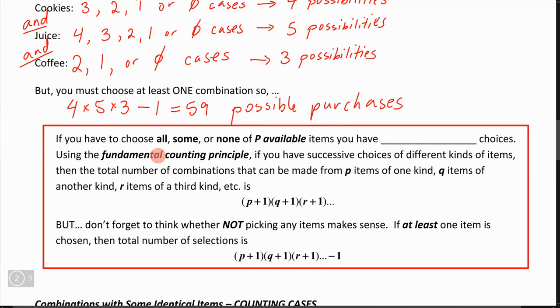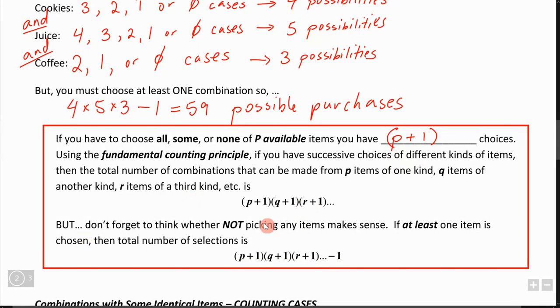Okay. So if you have to choose all, some, or none of p available items, you have p plus 1 available choices. Okay, so using the fundamental counting principle, if you have successive choices of different kinds of items, then the total number of combinations that can be made from p items of one kind, q items of another kind, r items of a third kind, etc., is p plus 1 times q plus 1 times r plus 1.